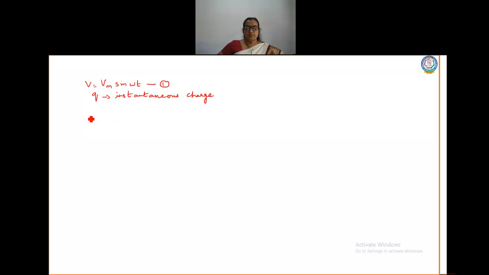So the EMF across the capacitor will be Q by C. We know the formula for capacitance as C is equal to Q by V, so it will be V is equal to Q by C.